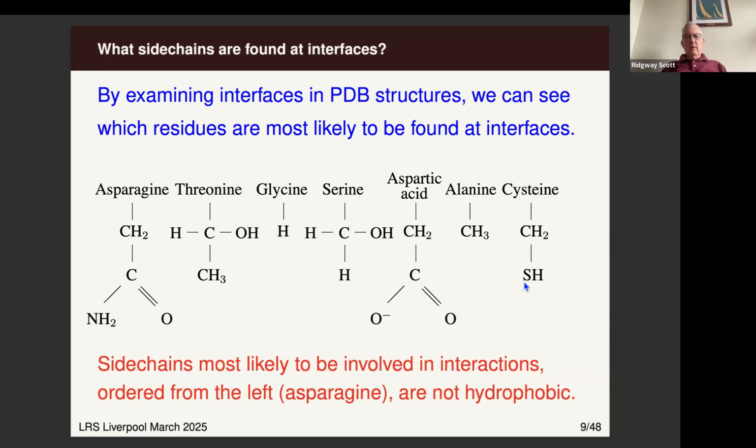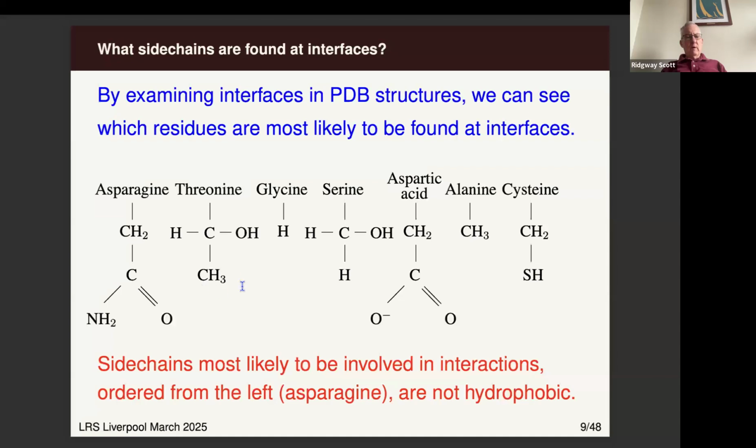But here are some of the most likely protein side chains to be found at an interface. You can just examine protein interfaces throughout the PDB and see what side chains happen to be close to that interface. It turns out these are the top 7. And what's interesting is they have very little in terms of carbonaceous groups.